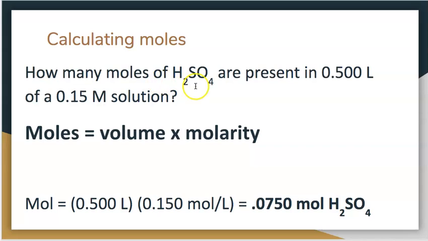So if I ask how many moles of H2SO4, sulfuric acid, are present in half a liter of 0.15 molar solution, I say 0.500 liters times 0.150 moles per liter is 0.0750 moles. Notice, moles per liter is exactly the same as molar. I can interchange those units. And if I do liters times moles divided by liters, the liters will cancel out and the only unit left is moles.